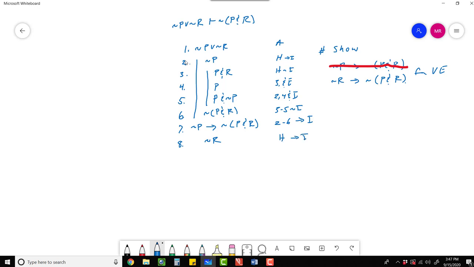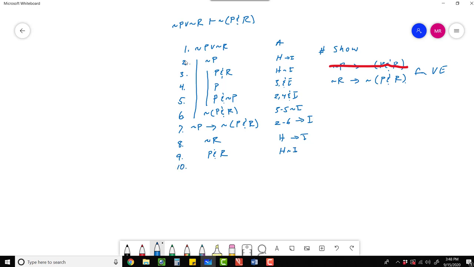Hypothesis for conditional introduction. Once again, we will hypothesize P and R. You might be thinking, well, that's a lot of work. Why couldn't we have just done it once? Well, it just doesn't work. So that's my hypothesis once again for negation introduction.